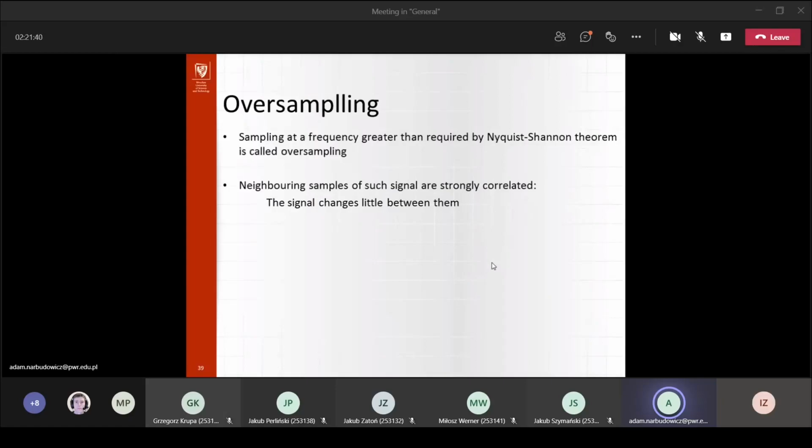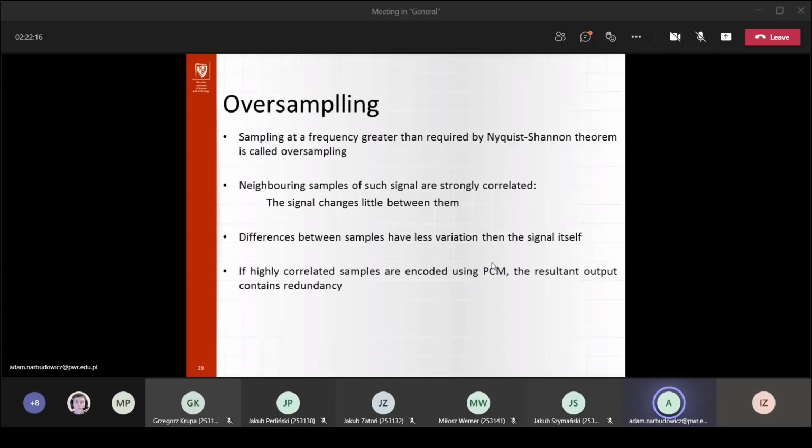Okay, so again, with oversampling you get some form of redundancy, with little variation in the signal itself, right? And this is adding, transmitting more information than you need. However, in certain conditions, you might like to do that to combat some forms of problems with the channel. Okay.